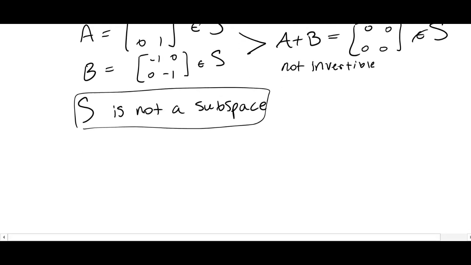Okay, so I want to talk about the set of all linear combinations of some vectors and how that can give us some subspaces. So say V is any vector space. It could be a set of vectors in Rn or matrices or something.